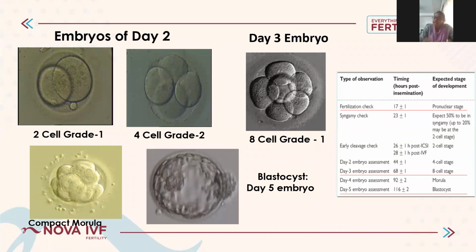Then on day 3, usually it becomes an 8-cell stage. Later on, it forms a morula, and later a very beautiful blastocyst, which is the day 5 embryo, which has the highest potential of implantation. So when we say we are transferring day 3 embryos, it looks somewhat like this 8-cell stage, and day 5 embryos look like this blastocyst.